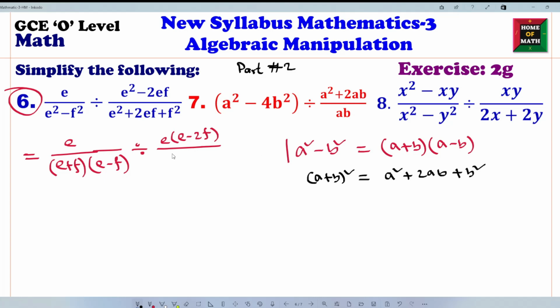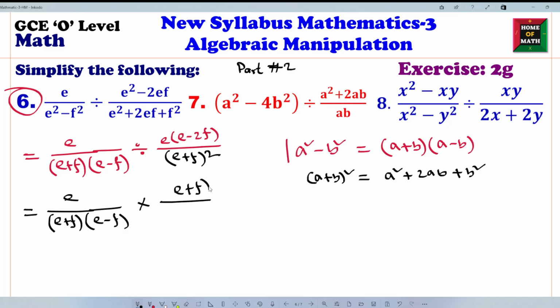So similarly this one we can write as e plus f whole square. And here is e plus f divide e minus f. In here is divide. If we multiply, then numerator and denominator will be exchanged. So here is e plus f whole square, and here is e minus 2f.